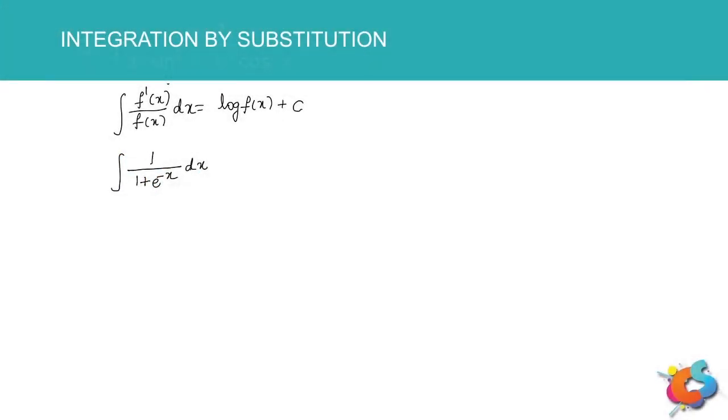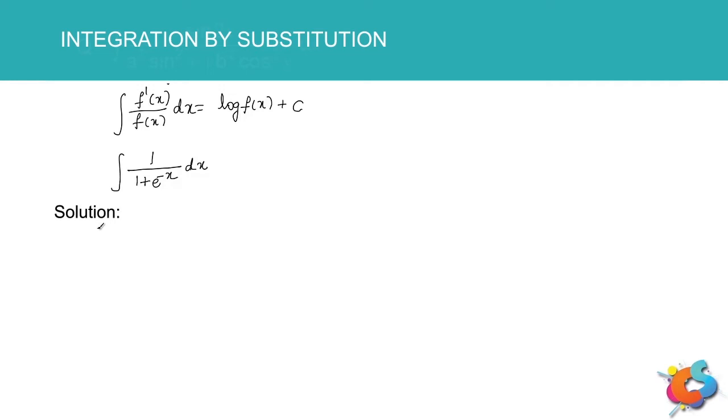Let us consider a problem: 1 by 1 plus e power minus x. This can neither be written in the form log of 1 plus e power minus x, nor solved by the method of substitution, unless we simplify.